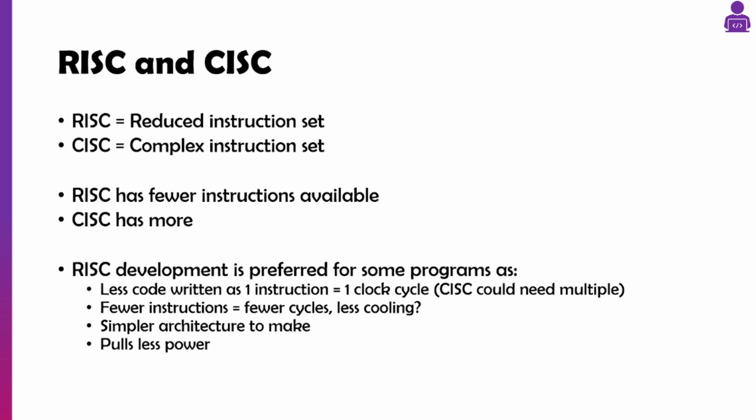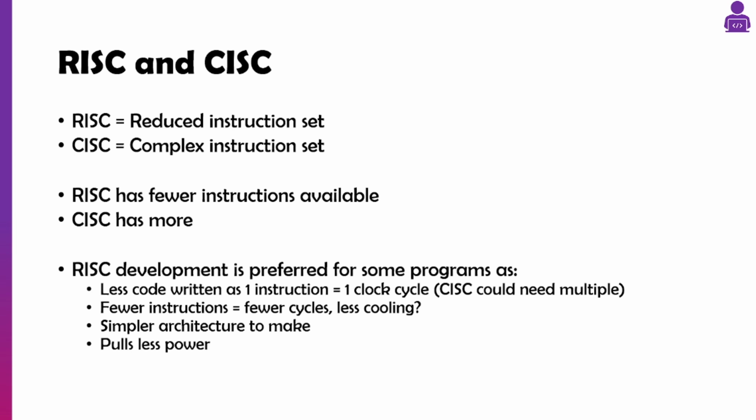Now, as far as I'm aware, and I could be wrong with this, but I'm pretty sure that most modern CPUs are RISC because of the simple architecture used to make it. RISC is preferred because you write fewer instructions, because one piece of code, usually in assembly language at least, is one instruction.